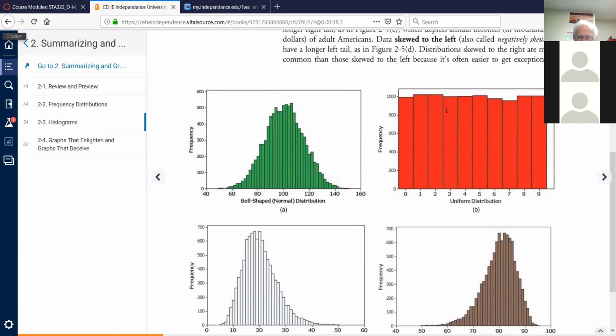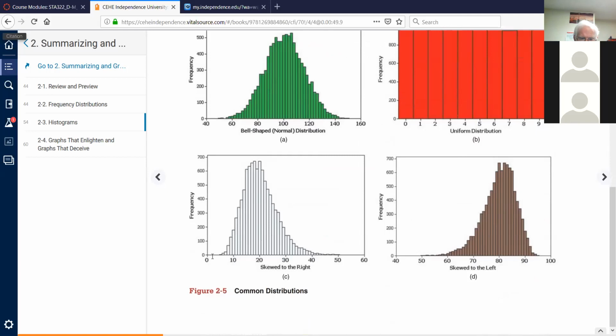If it were uniform, which would be wonderful, I guess, it would look something like this. But commonly, the data is skewed to the right.